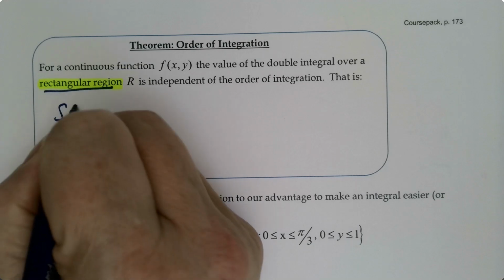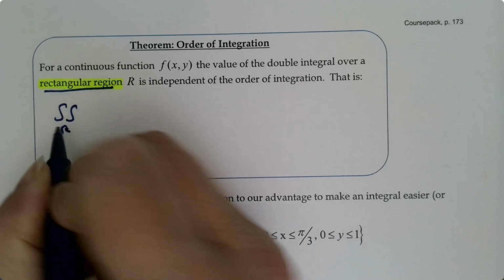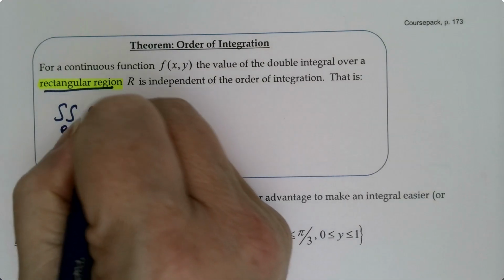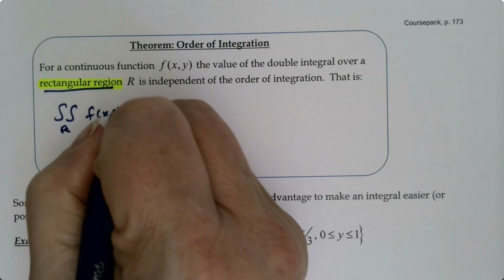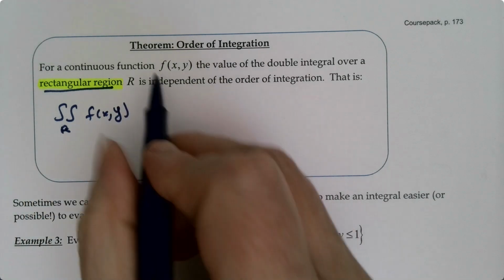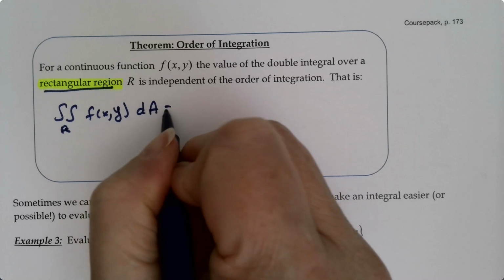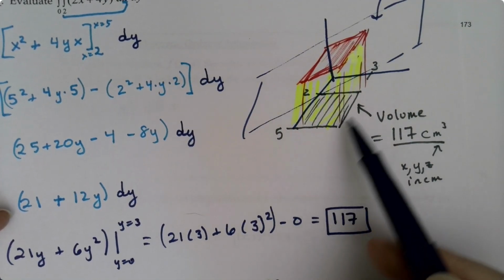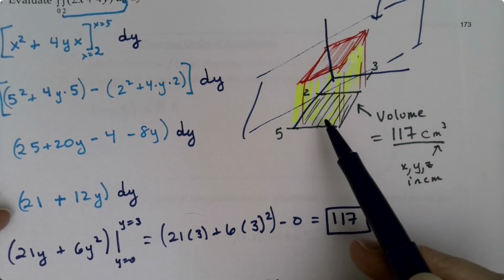But the integral over that region, R stands for the region, of f of xy, and the way we abbreviate it is dA, right? A being the area of the rectangle down here that's being formed, right?